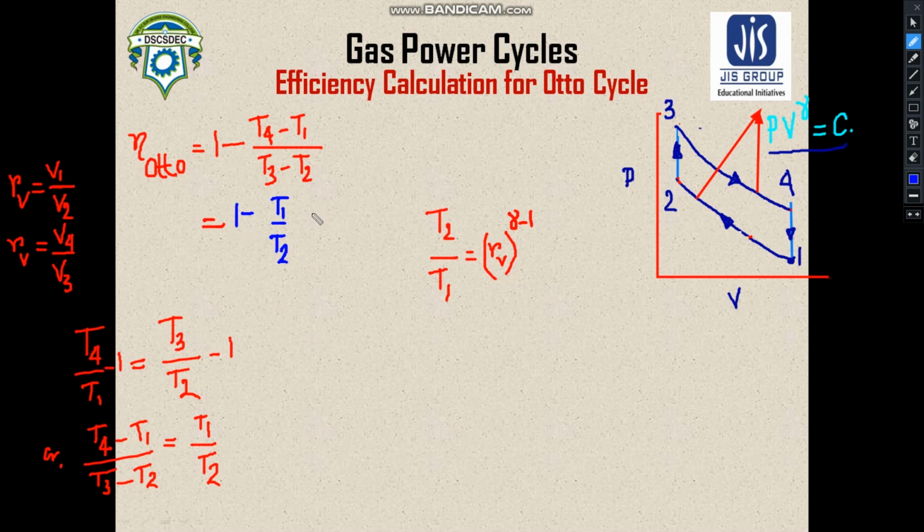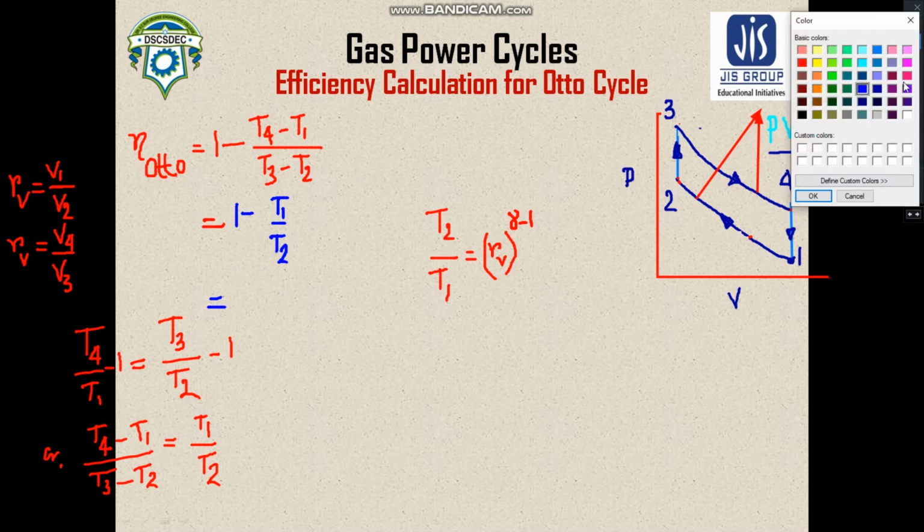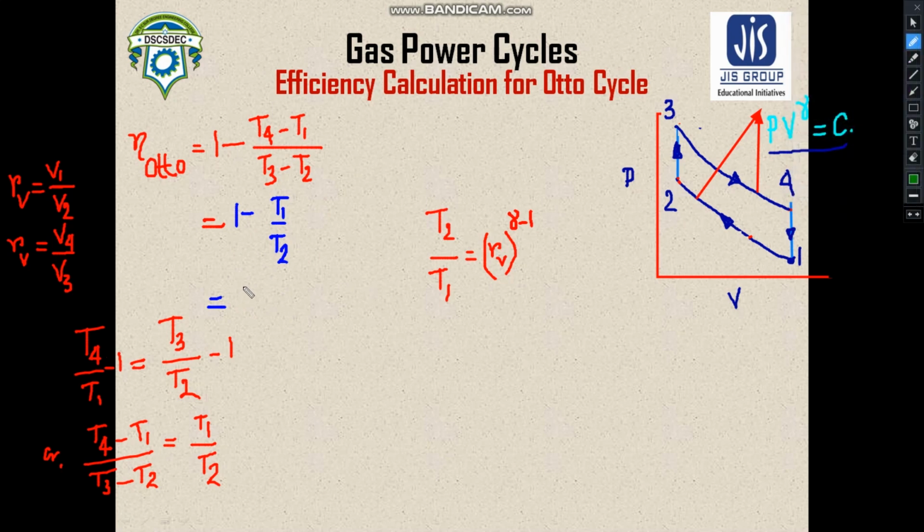In terms of compression ratio, this can also be written in a slightly different way, where you will find that the compression ratio only affects the efficiency of the Otto cycle, or in other words, the efficiency of the Otto cycle is dependent only on the compression ratio. So T2 by T1 is equal to RV to the power gamma minus 1.